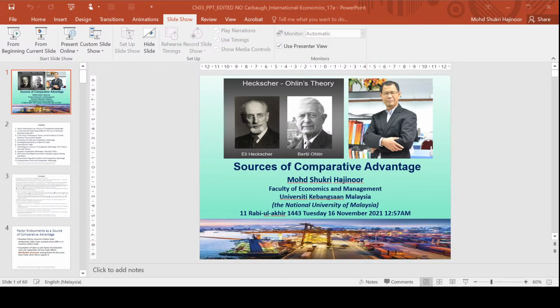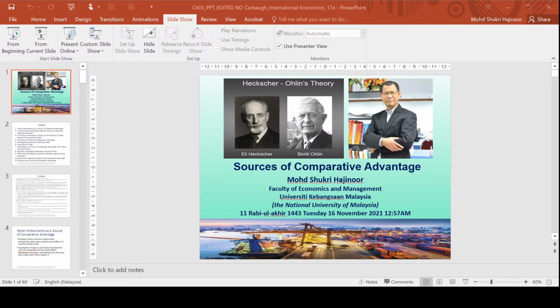away from the comparative advantage based on Smith, Ricardo, and Heckscher-Ohlin. Yes, we're talking about comparative advantage, but the basis is now an alternative to what has been explained by Heckscher-Ohlin, which is that comparative advantage comes from the difference in factor endowment between countries.